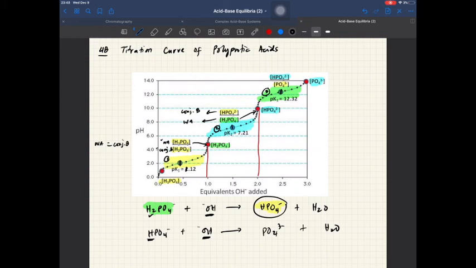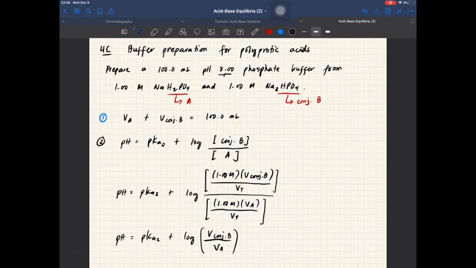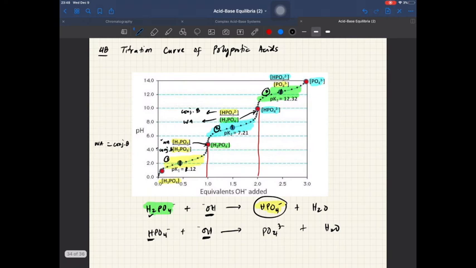So in order to prepare a pH 8 phosphate buffer, you need to pick the pKa value nearest to that pH and the species present in that pKa value. The nearest to 8 is 7.21, which is pKa2, the second ionization, and the species of the second ionization are hydrogen phosphate ion and dihydrogen phosphate ion.